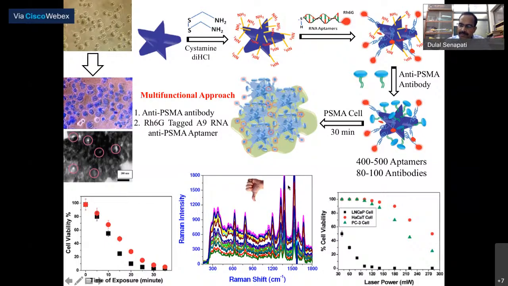Initially the Raman will be very high, and as time progresses, as the cells are destroyed, all the nanoparticles come off the surface. So the aggregation reduces and the Raman intensity falls. That's the way we can detect the therapeutic effect.